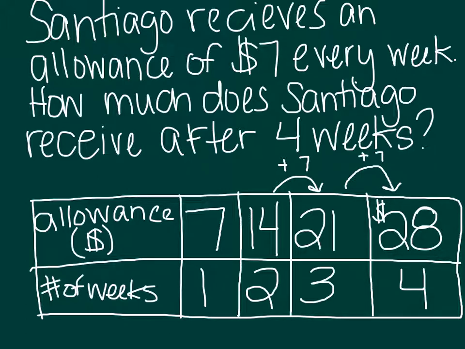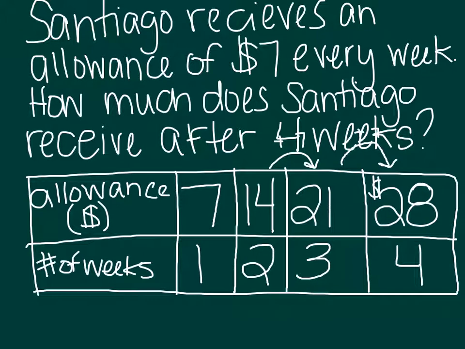Another cool thing about ratio tables is that they can allow us to use this information to build a graph. What we're going to do is we want to know how much he receives after 4 weeks. So we're measuring our information based on how much money he makes per week. We're going to graph this as money per week.